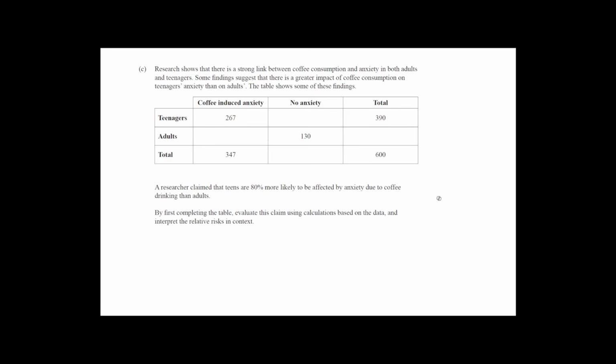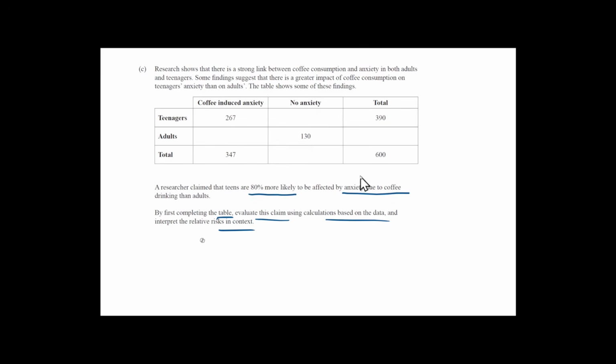The table shows some of these findings. So research claims that teens are 80% more likely to be affected by anxiety than adults. Complete the table and evaluate this claim using calculations and data and interpret these in context.